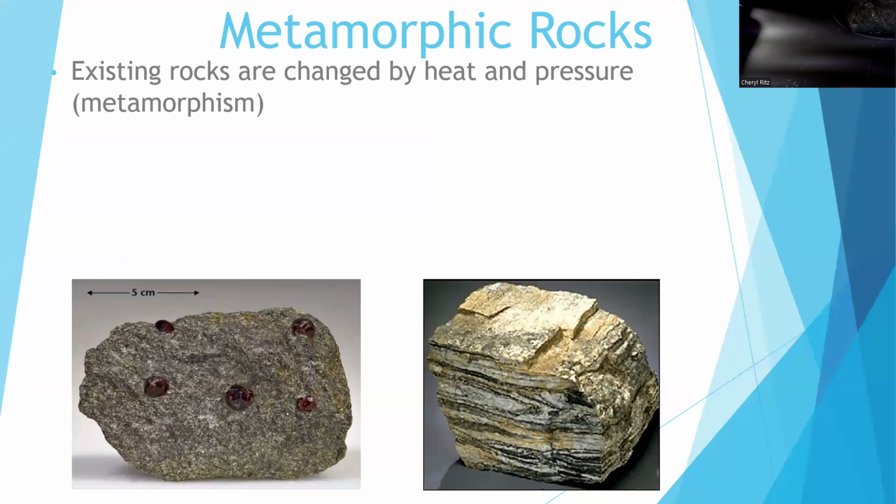Would they be perfect rectangles still? They'd be deformed. That's the perfect word. You might still recognize the word Hershey that was perfectly printed originally, but instead of a perfect H, now it's all twisted and messed up. Maybe you could tell it was an H, maybe not. That is metamorphic rocks right there.